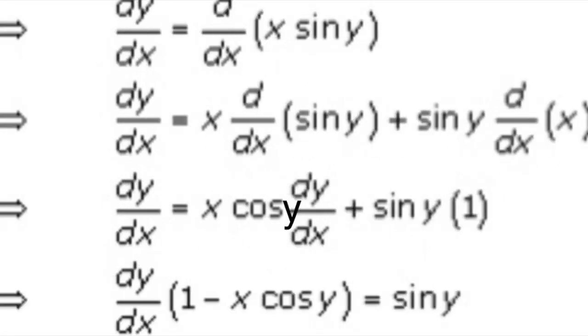Now we are going to take x cos y into dy by dx to the left hand side, so that we can take dy upon dx as common. So we will get dy upon dx into 1 minus x into cos y equals sin y.